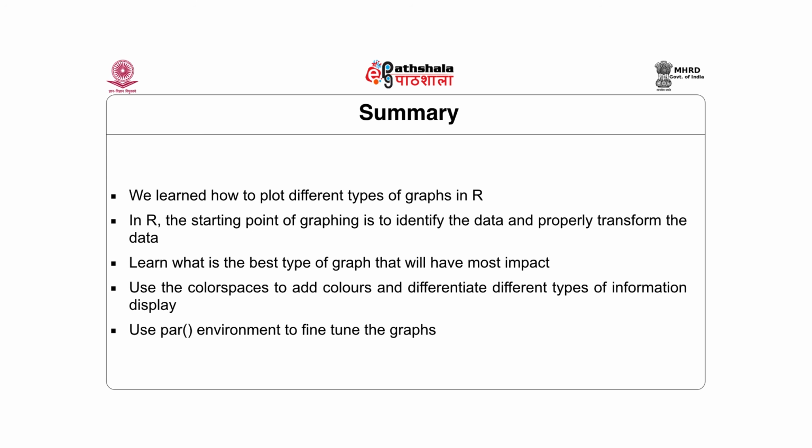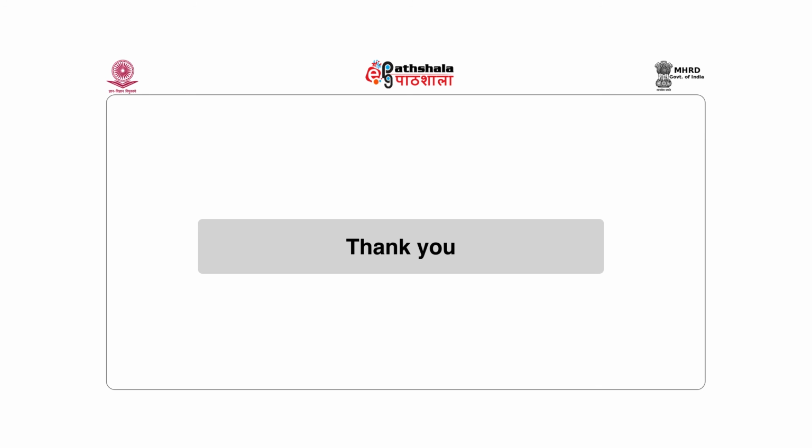For example, for categorical variables, you'll be using a box plot. For continuous variables, histograms, etc. You can use color spaces to actually color your graphs in many different ways. And if you want to change the environment of the graph, that is, break the canvas or do some other work, remember to use the par option. Thank you for paying attention, and let's learn a little bit more by practicing on the examples.